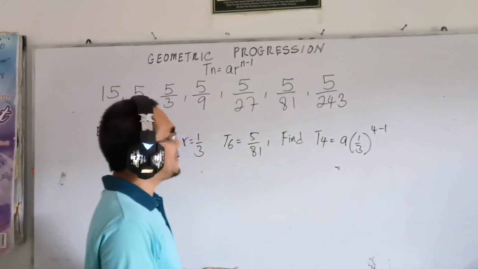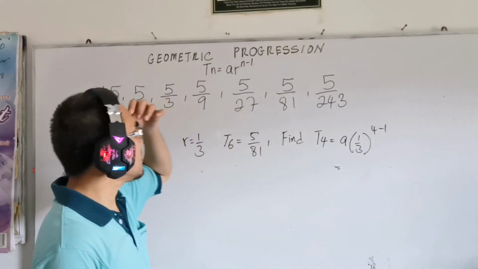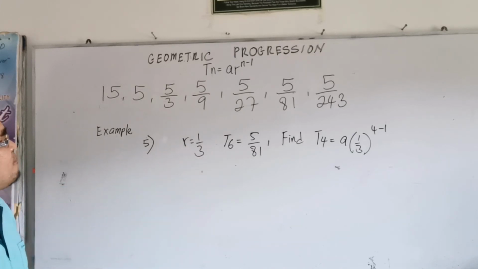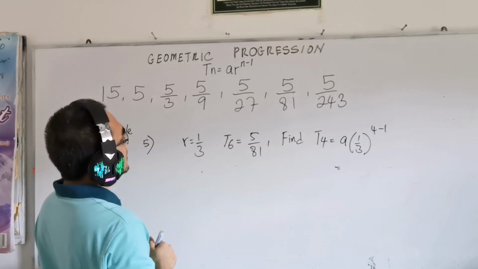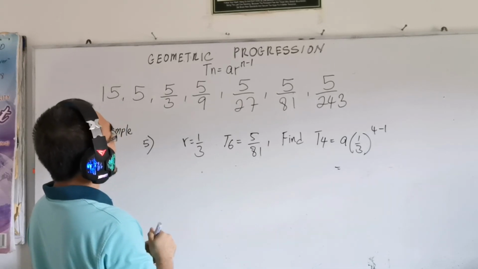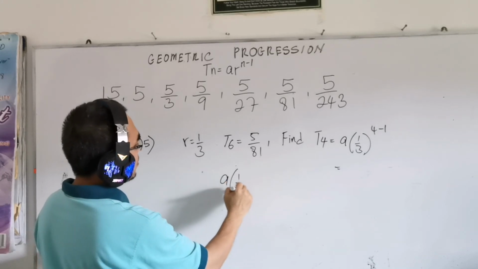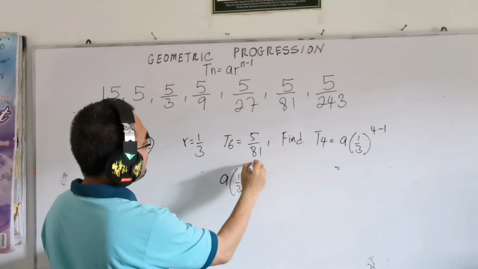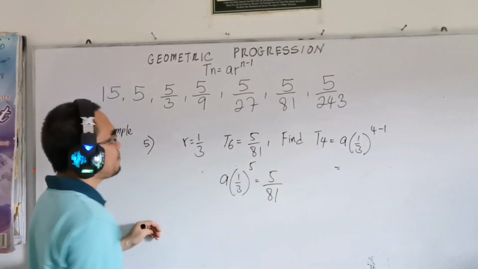Okay, so until you have got the value of A, you cannot calculate. So using this info, T6 is 5 over 81. So substitute it here. So T6 will be, A you do not know, and R will be 1 over 3 to the power of 6 minus 1, which is 5, equals to 5 over 81.